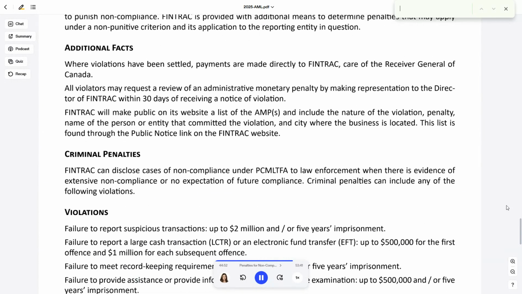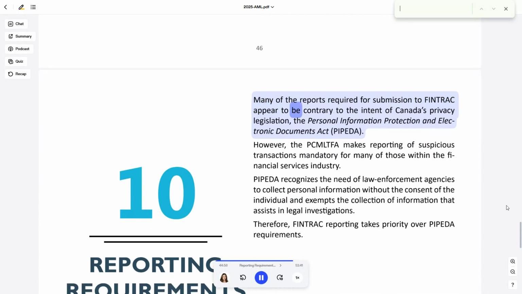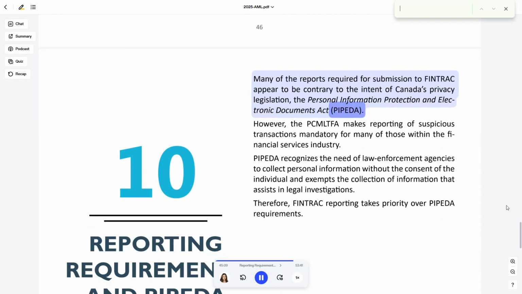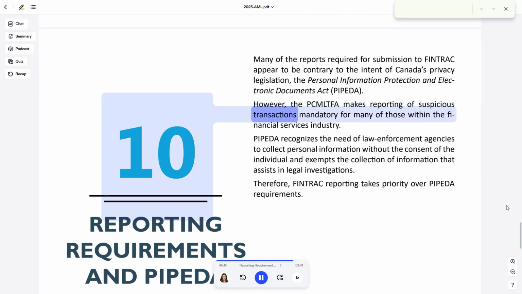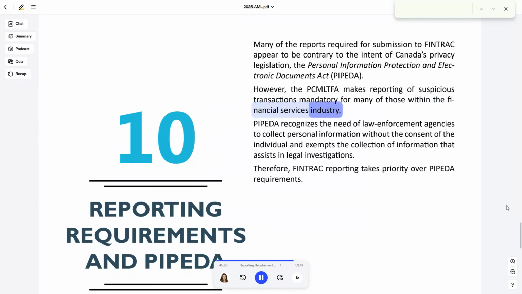Many of the reports required for submission to FINTRAC appear to be contrary to the intent of Canada's privacy legislation, the Personal Information Protection and Electronic Documents Act, PIPEDA. However, the PCMLTFA makes reporting of suspicious transactions mandatory for many of those within the financial services industry.